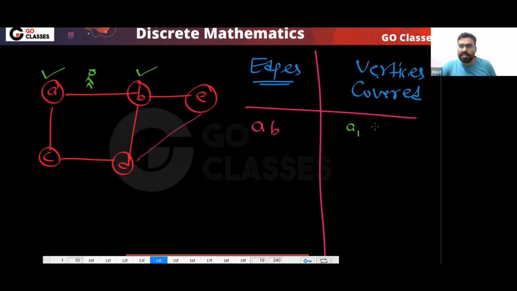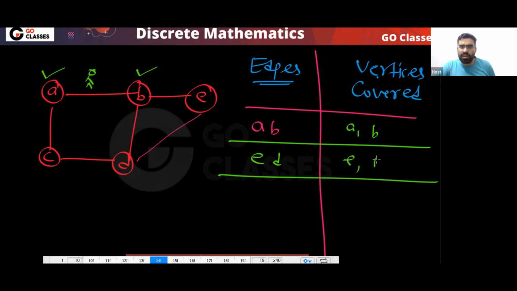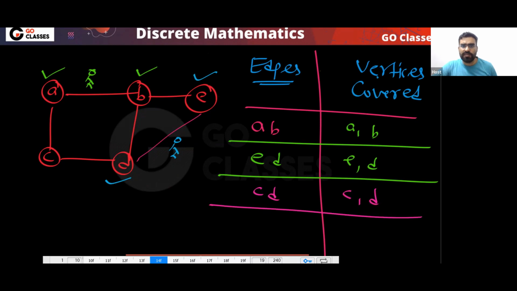Only A comma B will be covered. If I put a security guard on the ED edge, then only these two vertices will be covered. And similarly, if I put a security guard at CD, then C comma D will be covered. So is this concept clear?